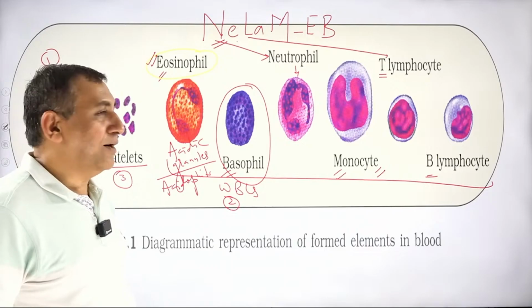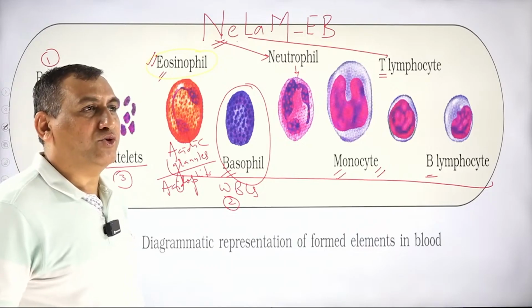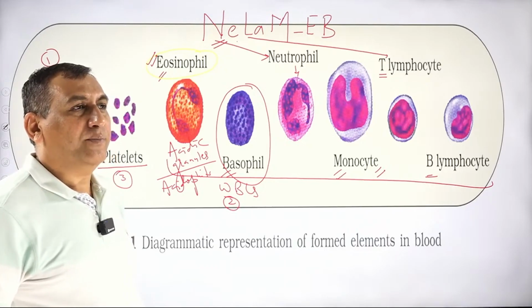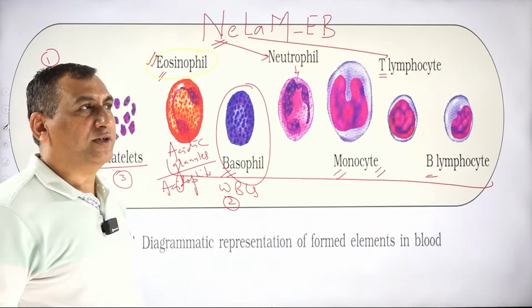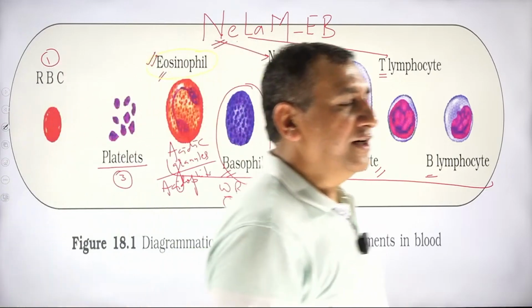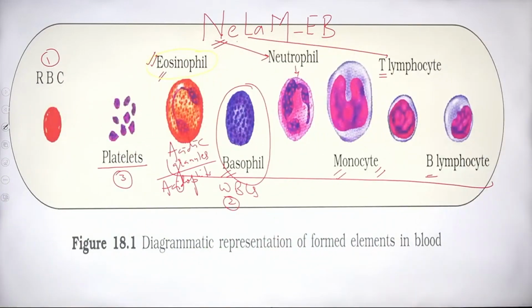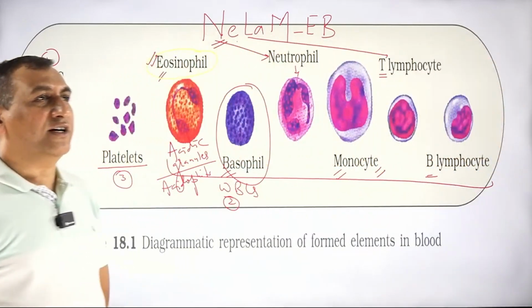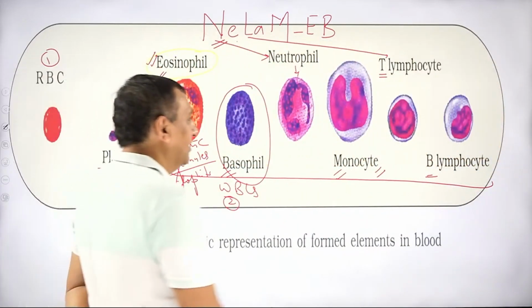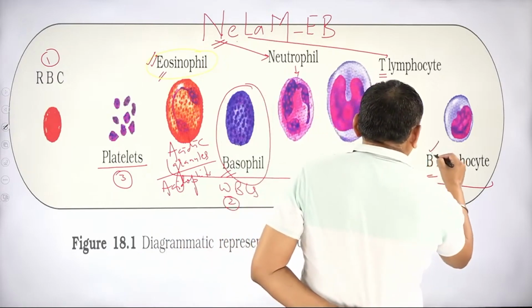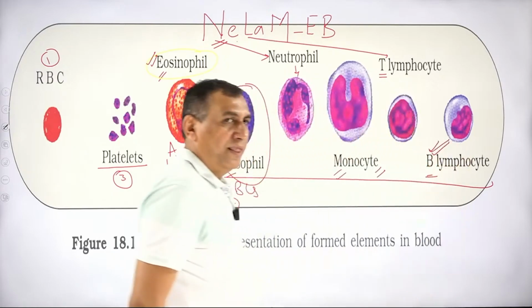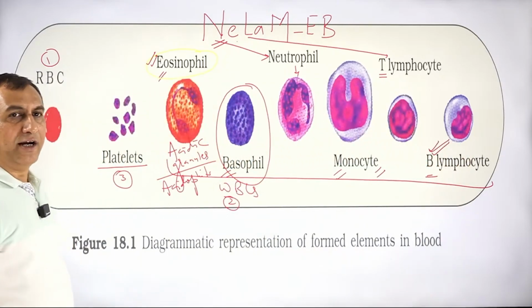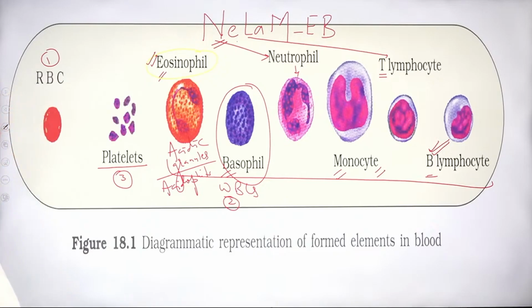Who will reply first? Yes, Syamala Kathi. The answer is the lymphocyte. Very good. The most important WBC related with our immunity is the lymphocyte.